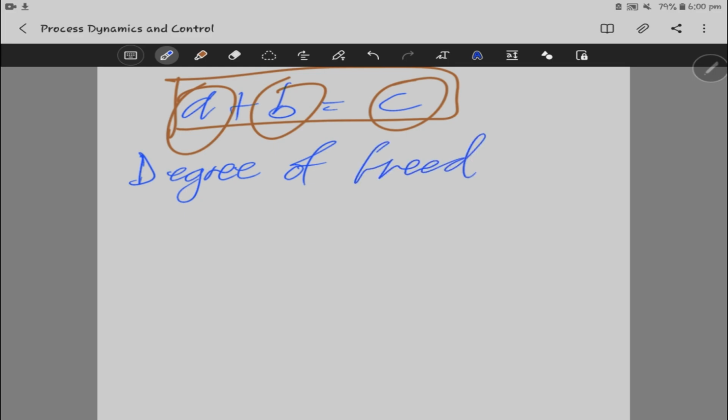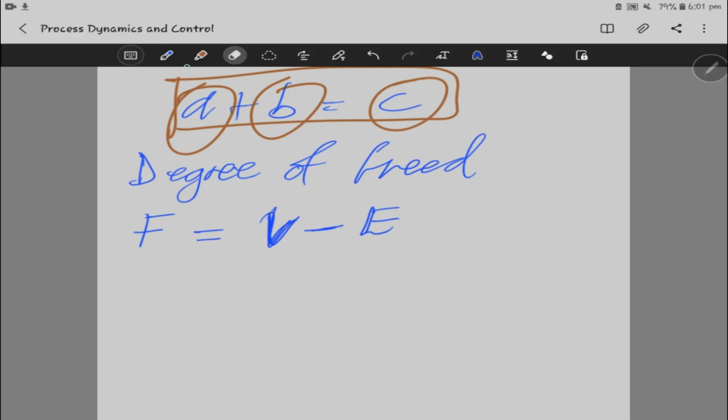So this degree of freedom that we talk about is usually represented this way, and we say F is equal to the number of variables minus the number of independent equations. So these variables and these independent equations.